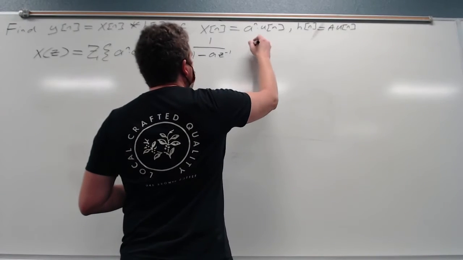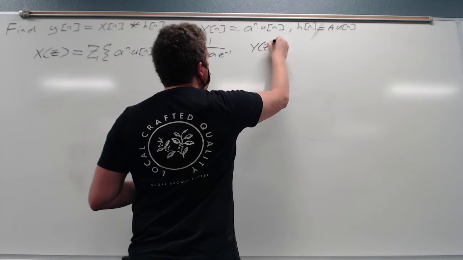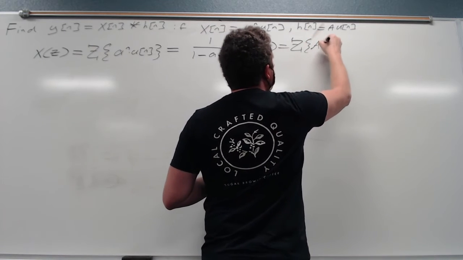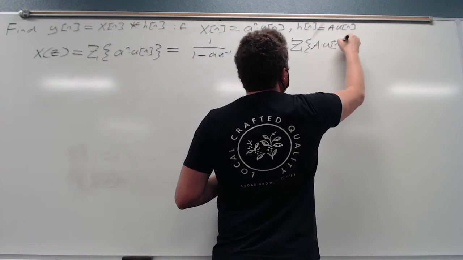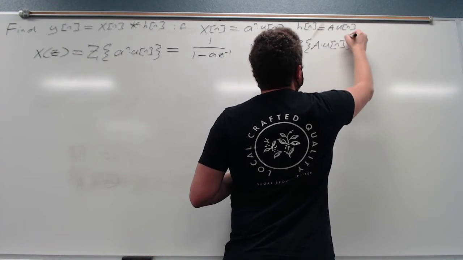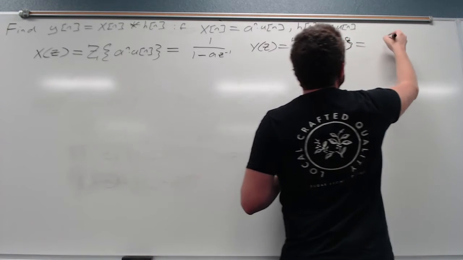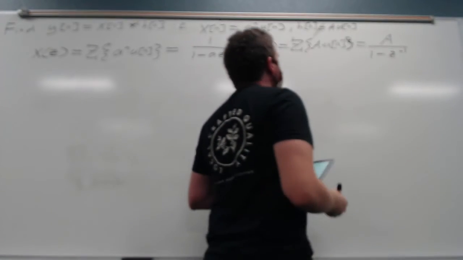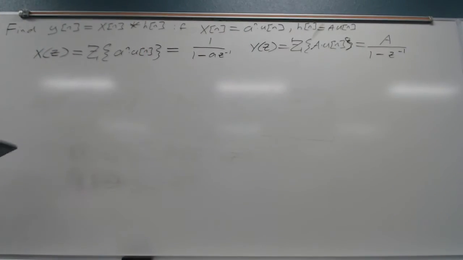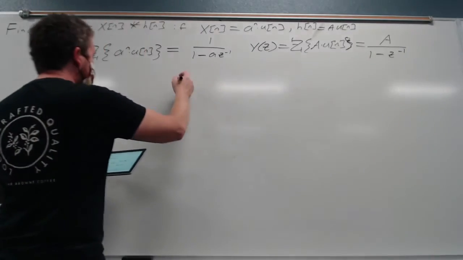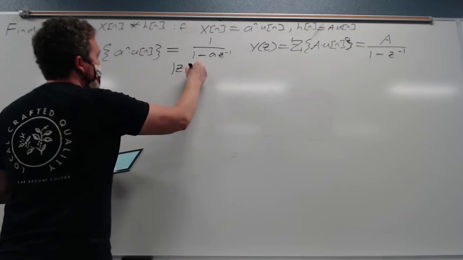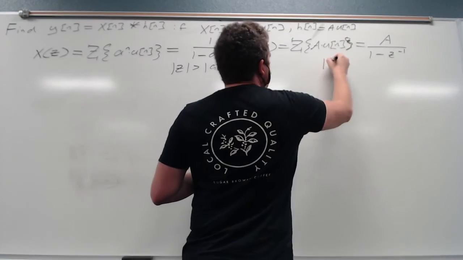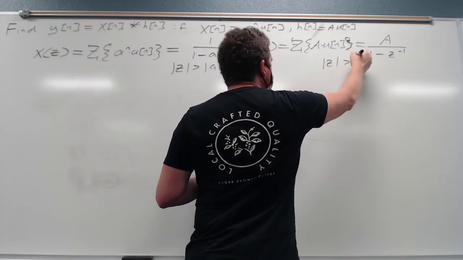And H of z equals the z transform of A times u of n, which we haven't seen as often, but it's very similar. It's just going to be the constant A over 1 minus z to the minus 1. And we've got here our region of convergence. The absolute value of z must be greater than a. We're familiar with that one. And then here, the absolute value of z must be greater than 1.